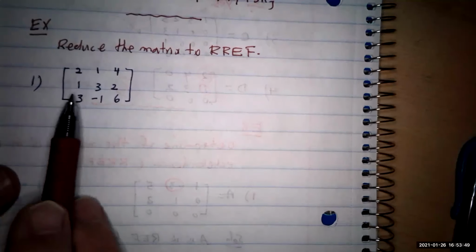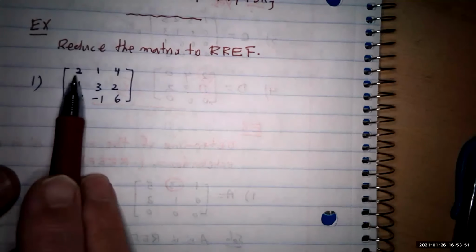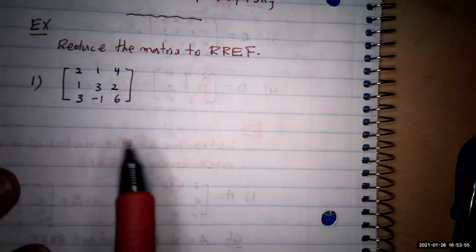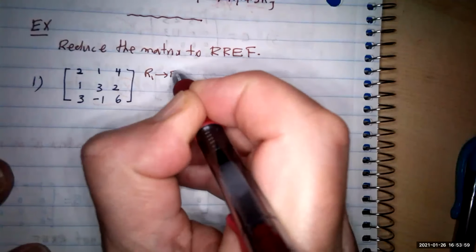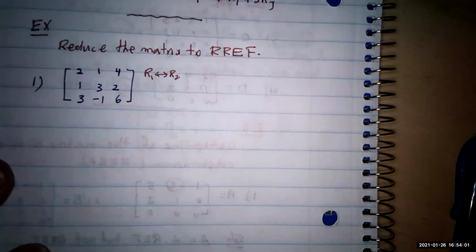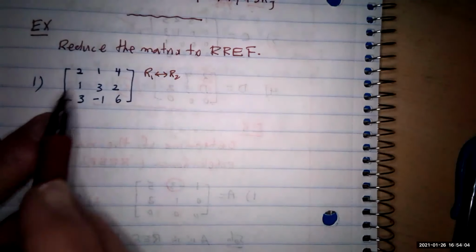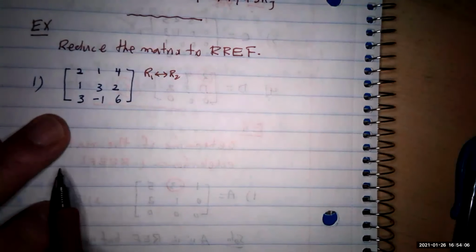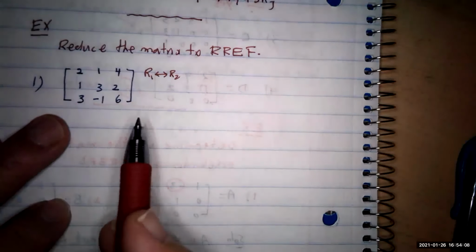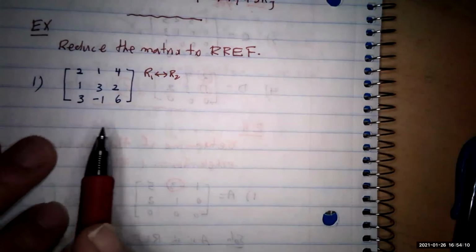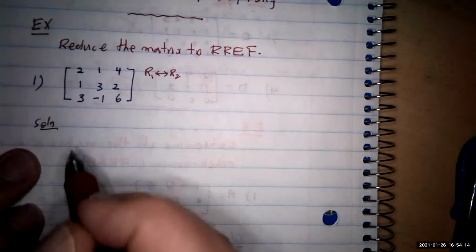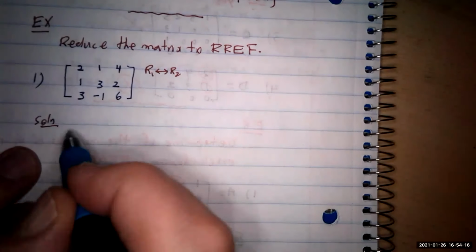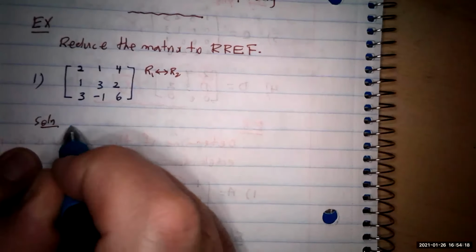So the first thing I'm going to do is switch these two so that I get the 1 on the top. I switch row 1 and row 2. That will help me. I can do some other operations quickly if you like, but switching is easier, though you can do a couple of operations at the same time. So the solution is going to be, I have to rewrite it.